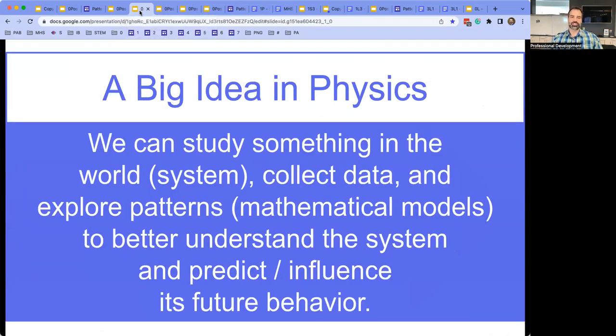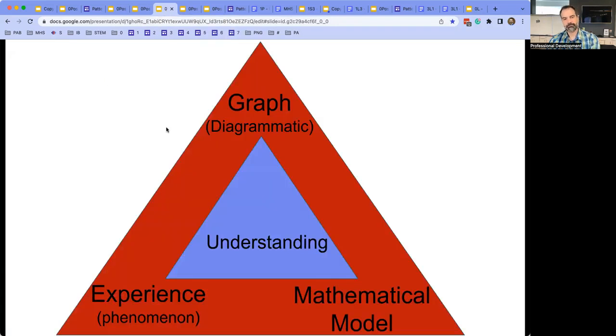Another really big picture idea, one of the biggest ideas in physics, is that we can study something in the world, we call it a system, collect data, and explore the patterns. So often in physics, that takes the form of a mathematical model to both better understand the system and predict or influence its future behavior. And so we want students to realize they're doing the real stuff here. They are in the role of scientist.